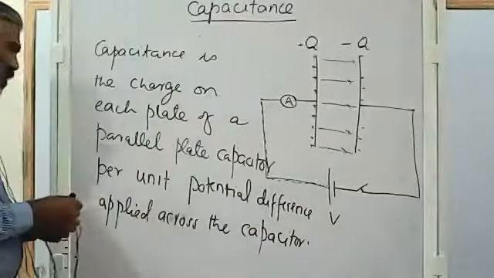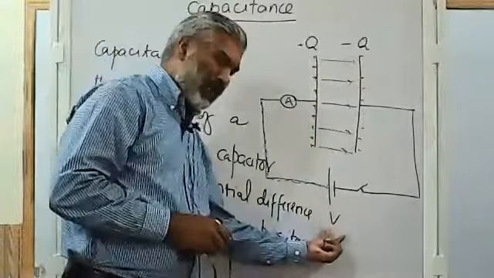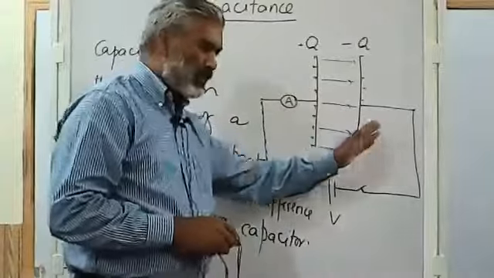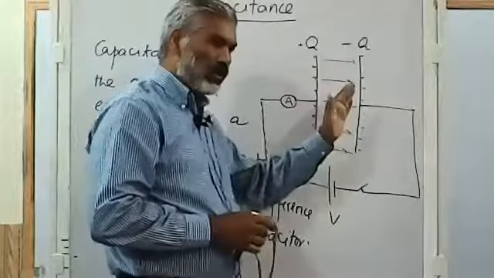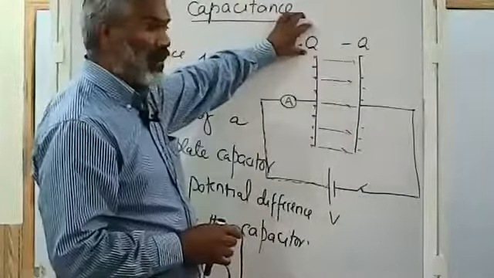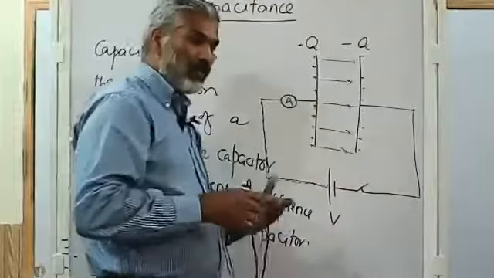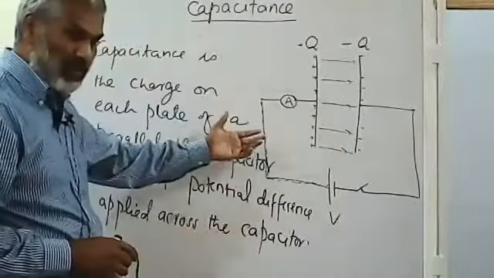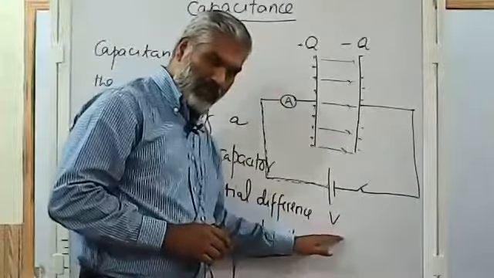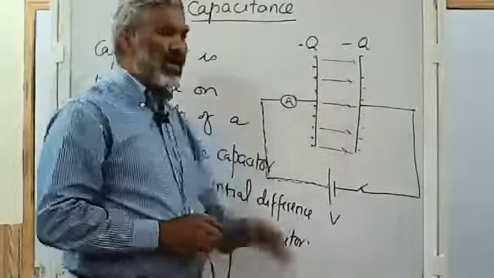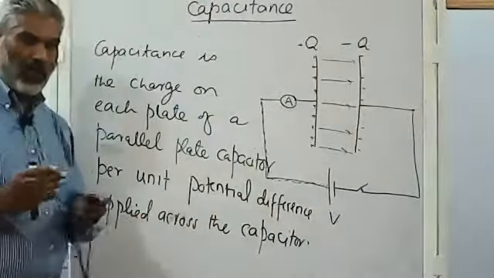So as the figure is suggesting, you have applied a difference of potential to these two plates, and as a result you have accumulated Q charge on each. If this Q is large for a small value of this V, obviously you have a large capacitance. And even if you provide a large value of difference of potential, but the charge is not that much, the capacitance is obviously small.